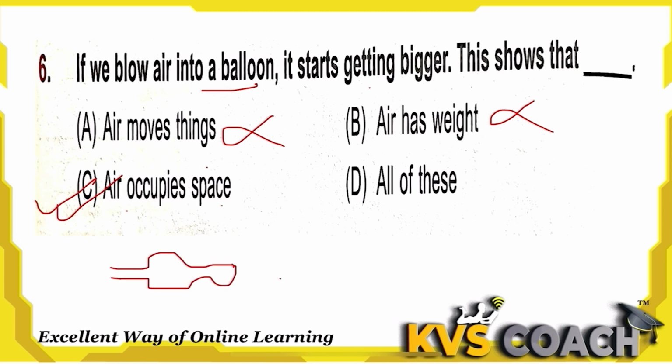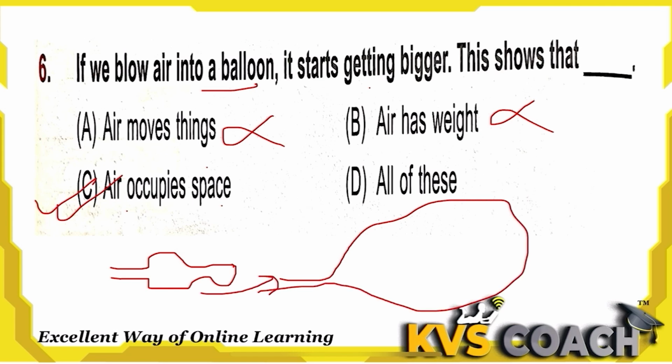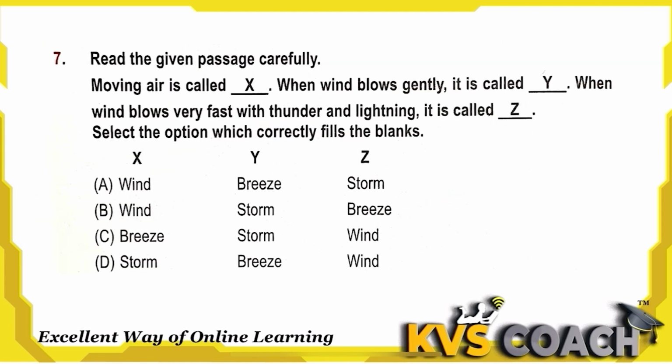When we blow up, it will get shaped like this. So it means when we enter air from this side, it is getting space and getting a shape. So air occupies space. So option C is the right answer. Next question is question 7. Read the given passage carefully.